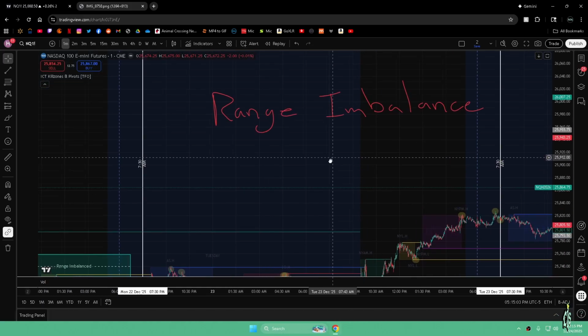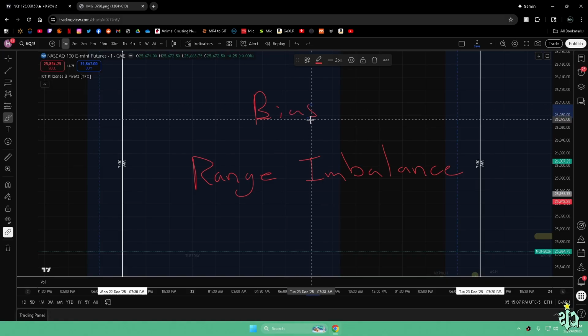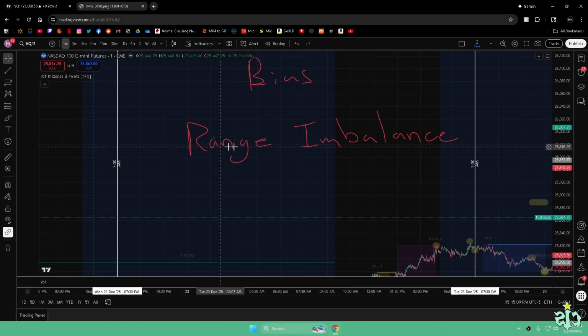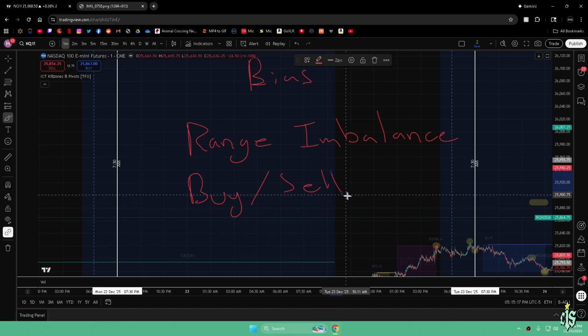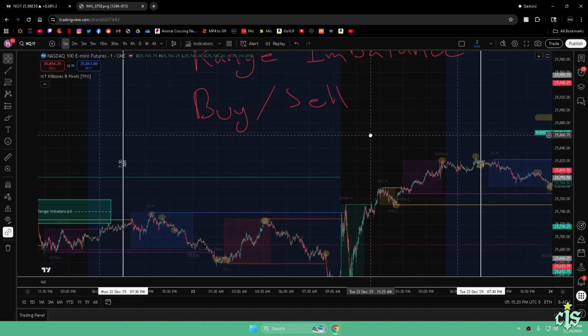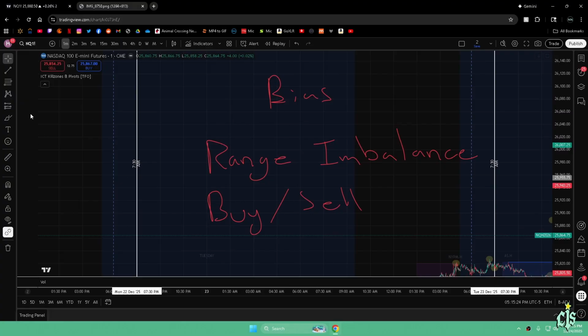Okay, so when you're looking for your bias, right? Your daily bias or your weekly bias, look for range imbalance. Look for a buy side and sell side liquidity. And to go off range imbalance, look for market gaps, basically.